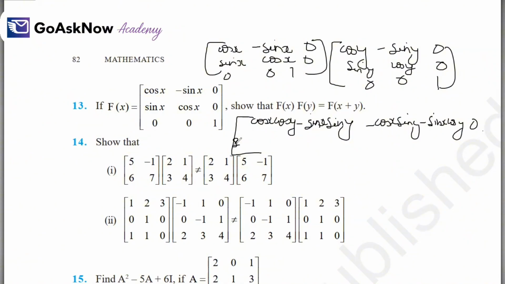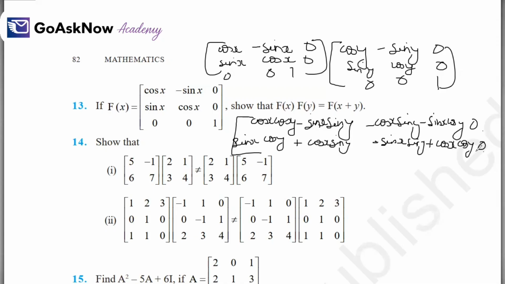It will be sin x cos y plus cos x sin y, then minus sin x sin y plus cos x cos y, then 0 only.